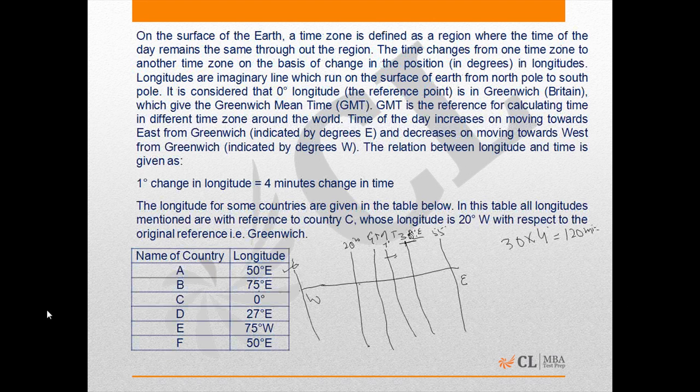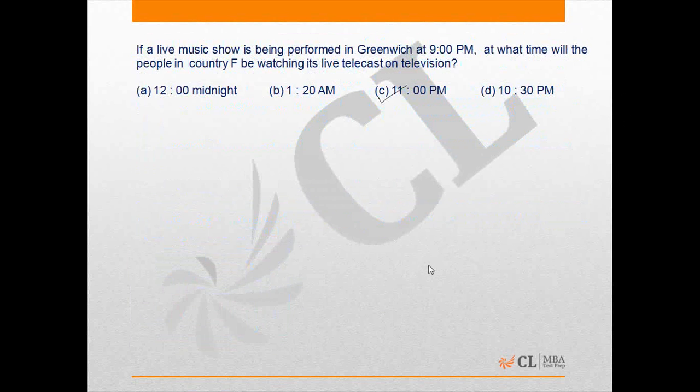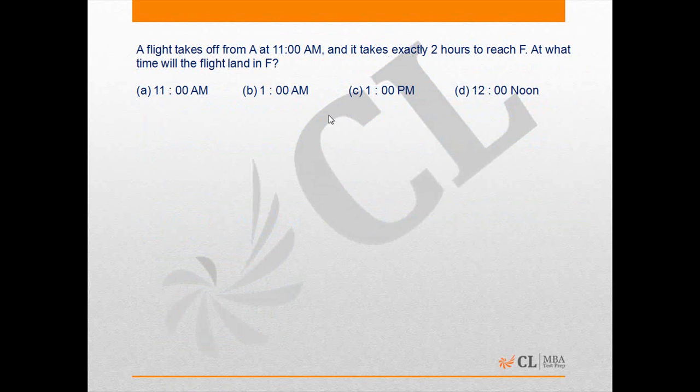They are both at 50 degree east from C, so both points are on the same line. So effectively there should be no time difference. So 2 hours after the flight has taken off, it will be landing at 1 p.m. at F. So the answer for this is the third option.